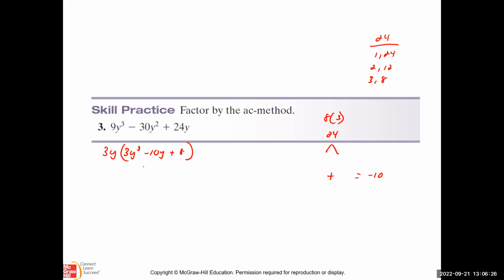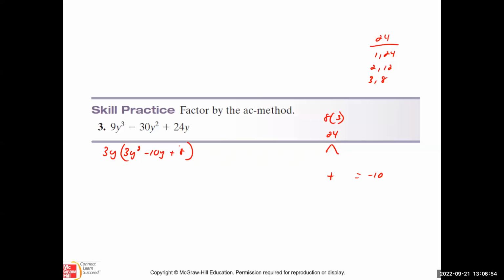I have my 3y squared minus 10y plus 8. And so what I'm trying to do now is find factors of positive 24 that are going to give me my negative 10. One of the things here obviously is that my 8 is positive.